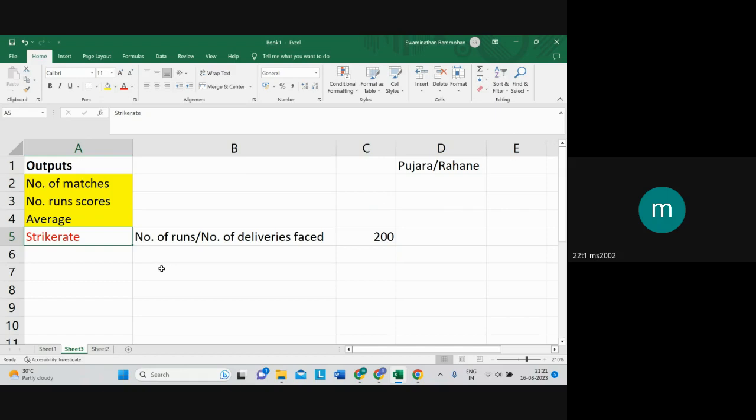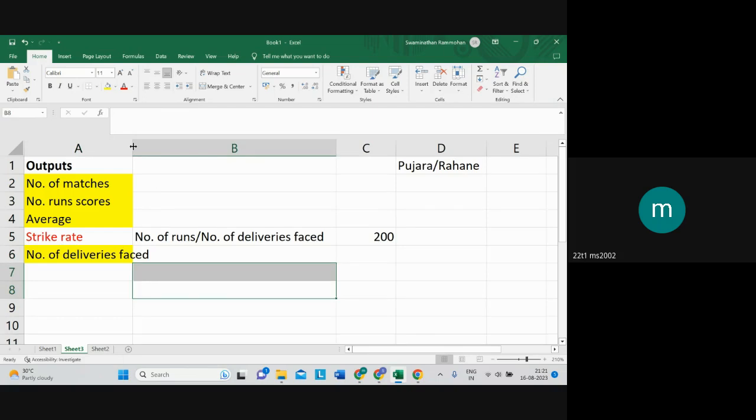You have to play for 5 days, so ultimately their strike rate is going to be very low. So when Rahane or Pujara or batsmen like them are going to maximize their efficiency, they will assign very low weightage for an output like strike rate. Whereas they will give more preference to number of matches, number of runs, average, or number of deliveries faced. These could be other outputs, which they will try to utilize.